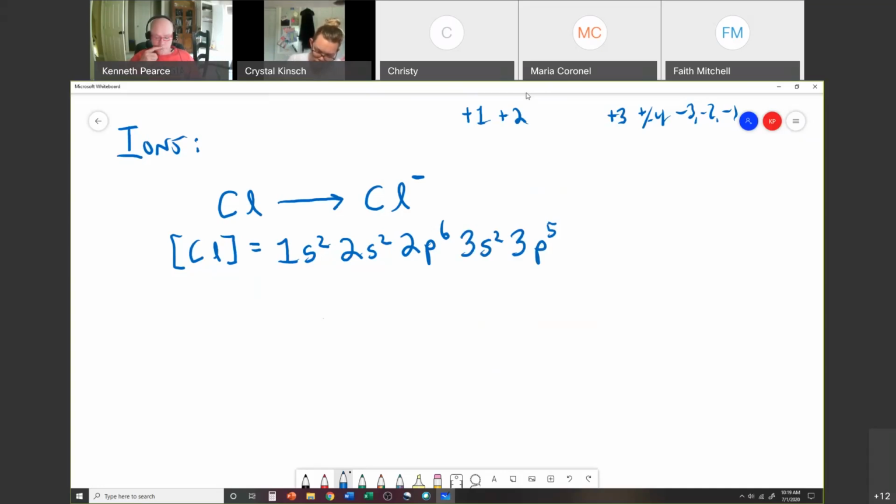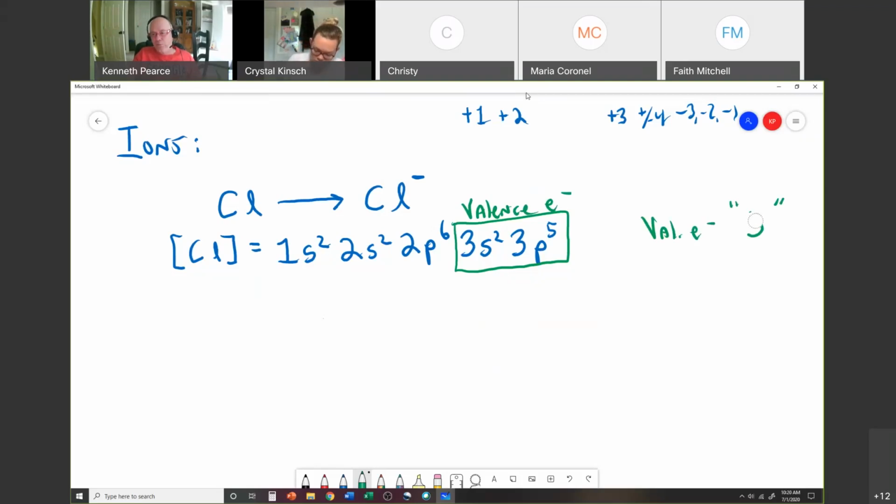All right, it's a third row element. It's just s's and p's. Where are the valence electrons? The outermost. And these are your valence. And how many valence electrons do we have? We have 7, I'm sorry.